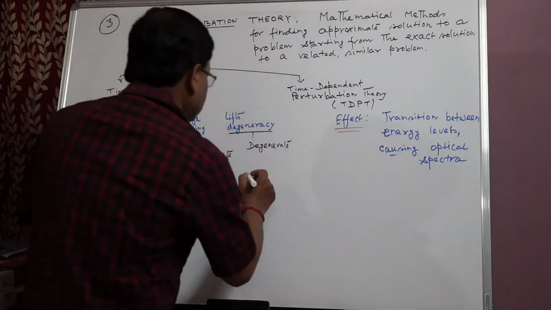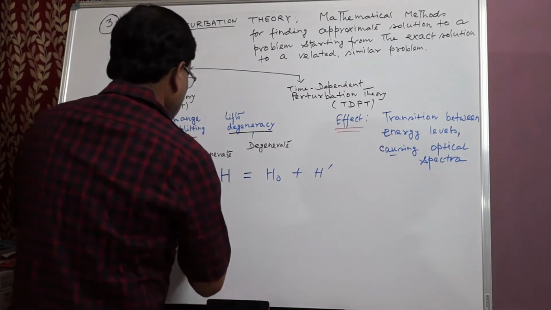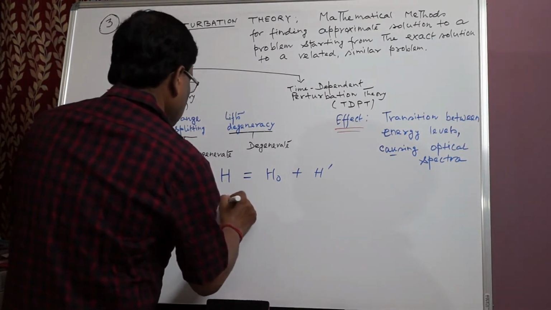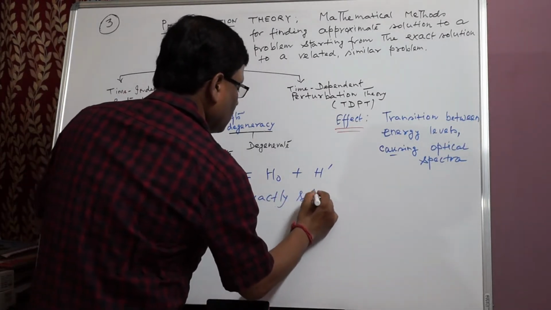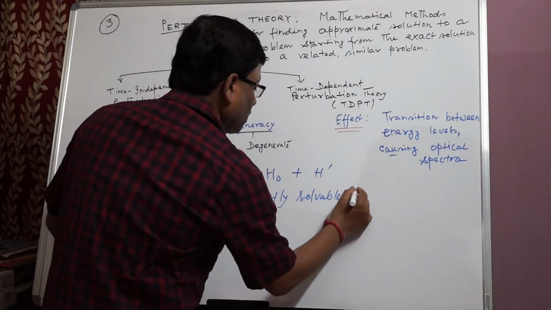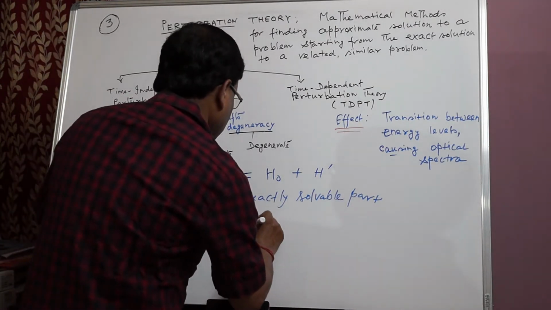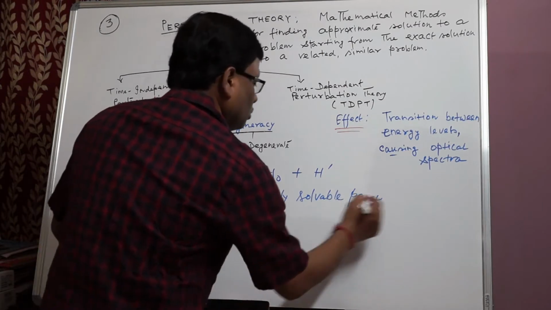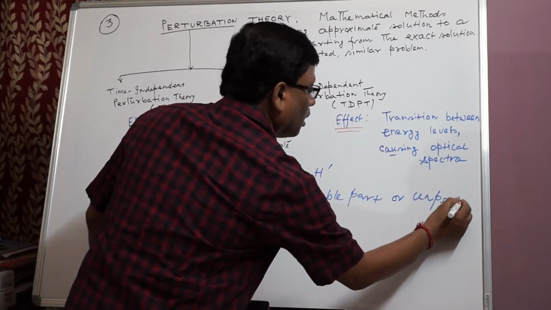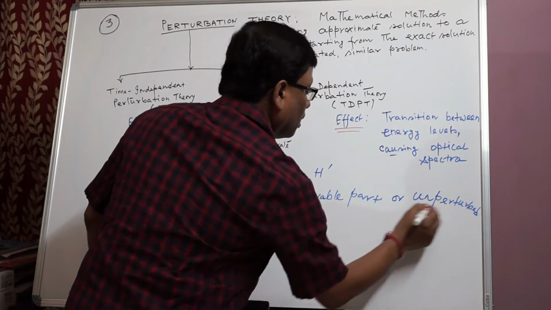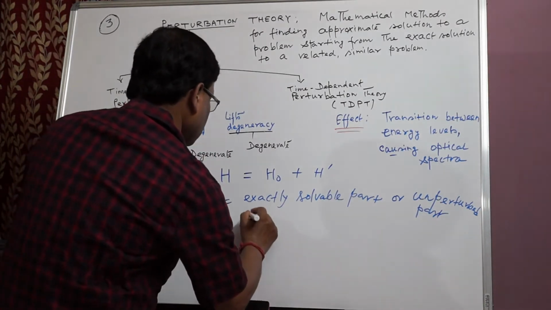So I can write H equal to H0 plus H prime, where H0 is the exactly solvable part and H prime is the perturbation.